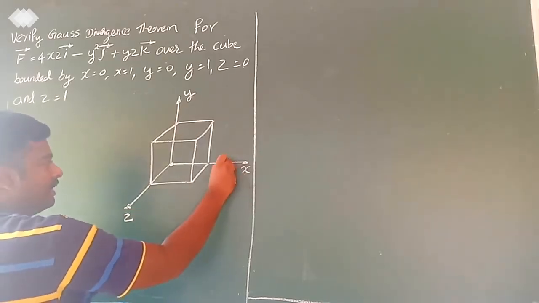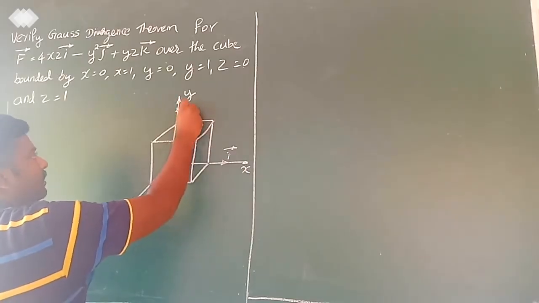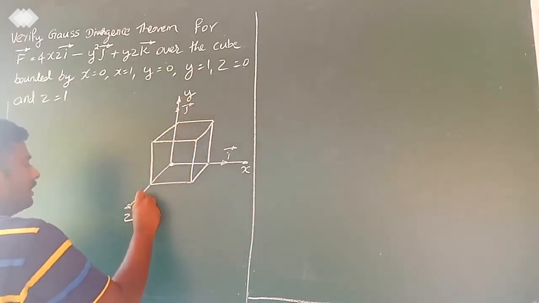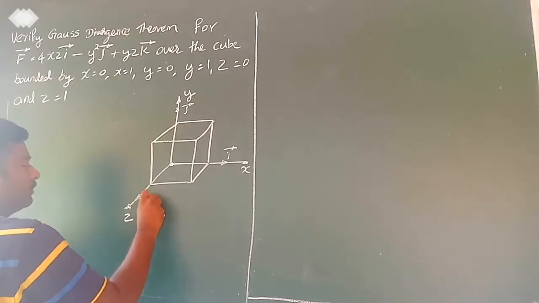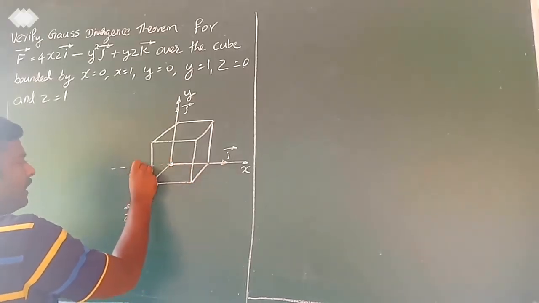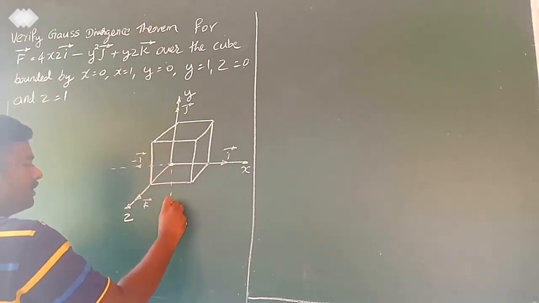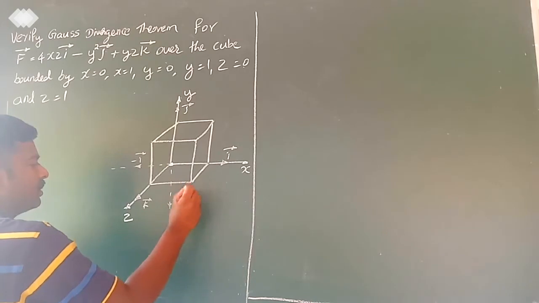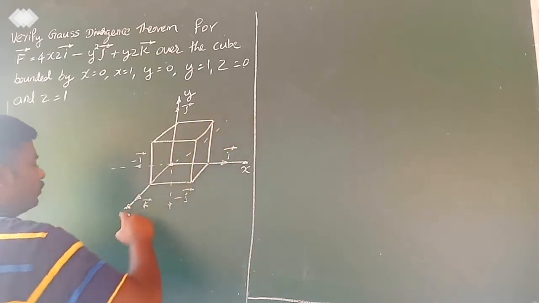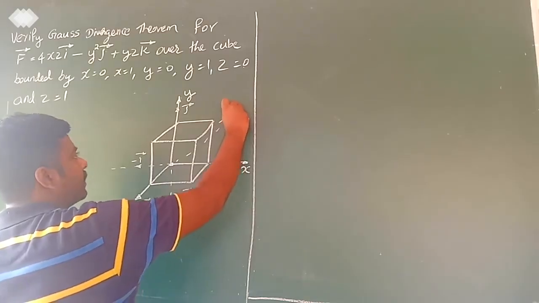In the x-axis the direction is i vector. In the y-axis the direction is j vector. In the z-axis the direction is k vector. Opposite to the x-axis is minus i vector, opposite to the y-axis is minus j vector, and opposite to the z-axis the direction is minus k vector.